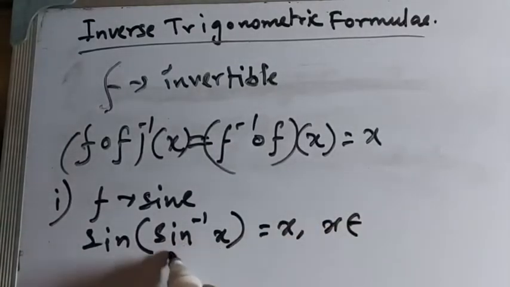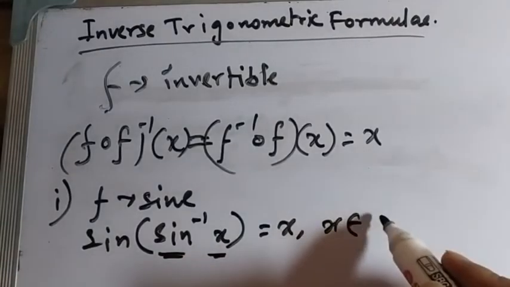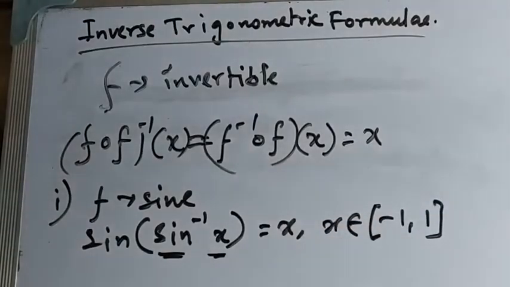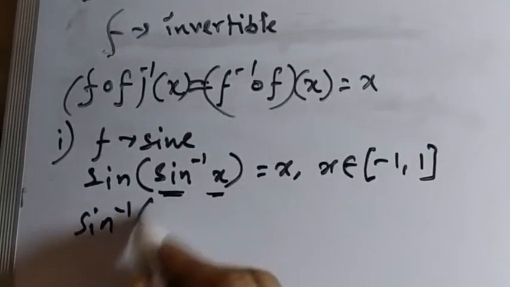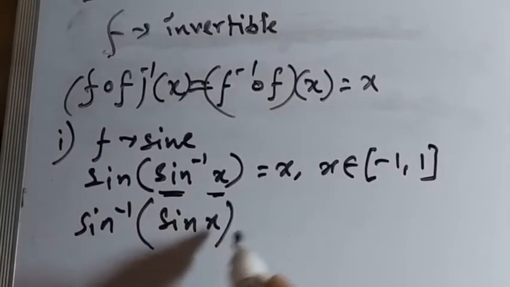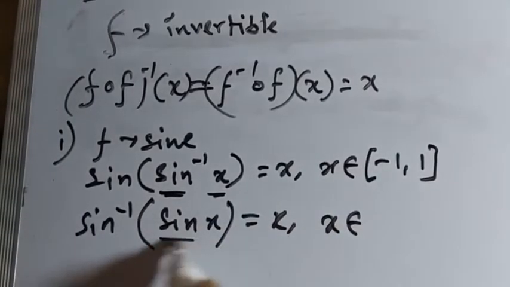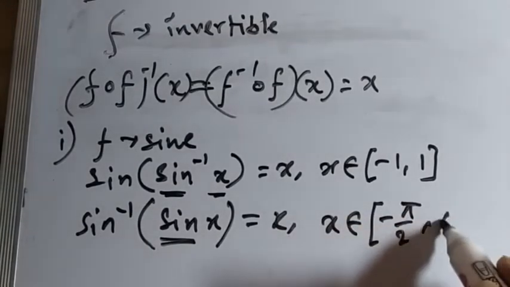The function sine inverse is applied on x, that means x will be from the domain of sine inverse, and that is minus 1 to 1. Similarly, if we take sine inverse first, then also it will be x, and now x will be from the domain of sine, so it will be minus pi by 2 to pi by 2.